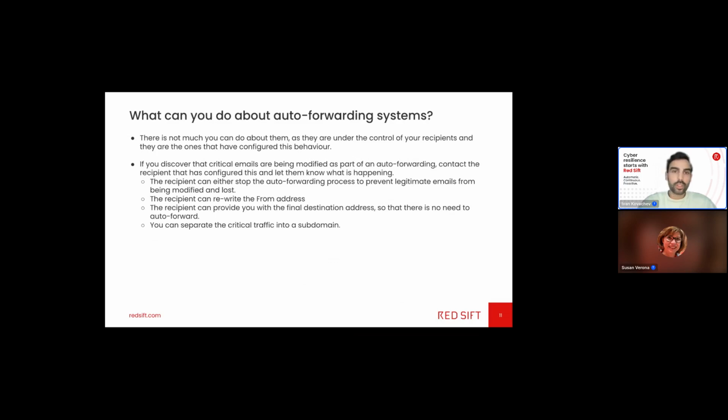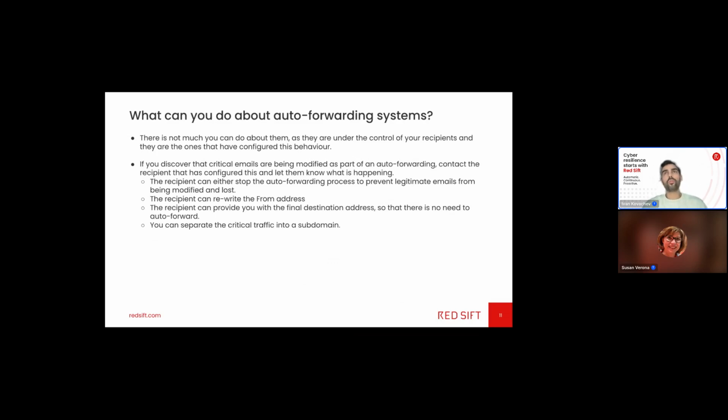There is not really much you can do about auto-forwarders in the end, and that is because, as we mentioned, auto-forwarding systems are actually your recipients, the people that you send emails to, that have configured this auto-forwarding behavior. So there is not much you can do about them.